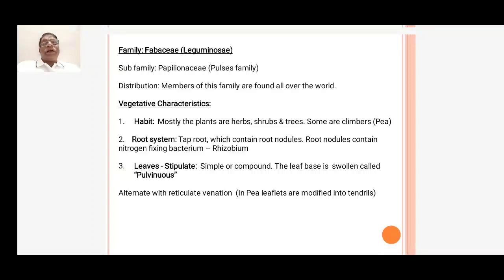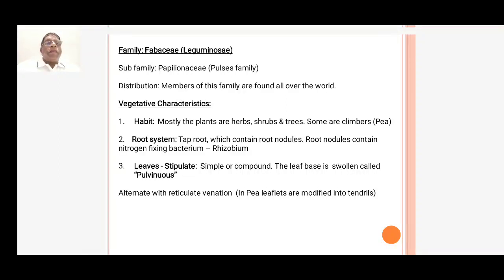Next, we shall examine the vegetative characters. Before studying the family, we must know at least some plants belonging to this family. The family Leguminosae or the family Papilionaceae is the pulses family, because all pulse-yielding plants belong to this family.